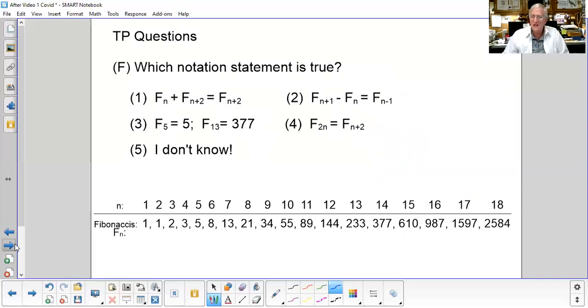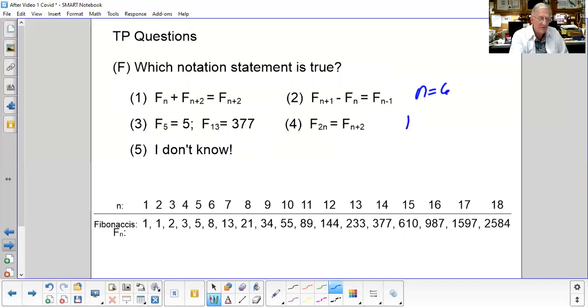Which notation statement is true? This is a little harder. What I suggest you do on some of these types of weird questions is pick a value for n and try it. Like pick a value of n as 6 or something, and put it in and see if it works. So for example, in the first one, if I were to let n equal 6, what does number 1 say?